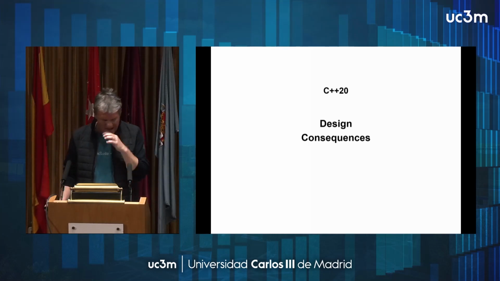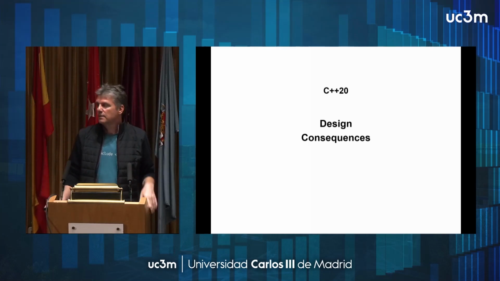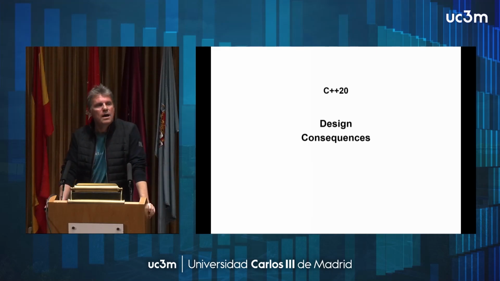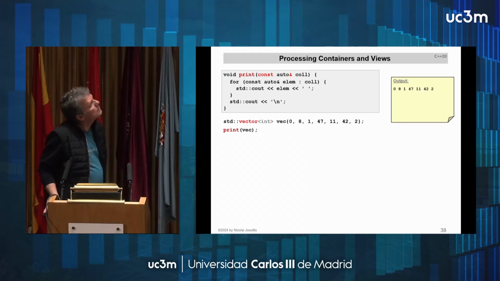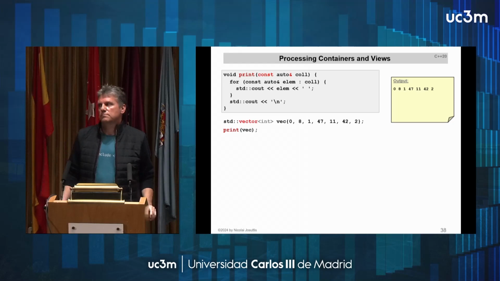Let's see, we have half of the talk over. So now let's only talk a little bit about the consequences of this design. One of the first consequences you face is the following scenario. Yes, you are starting to use views. You like it.